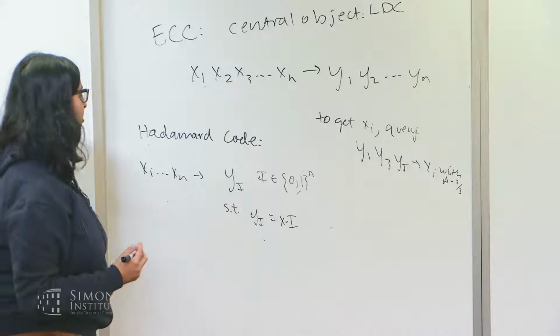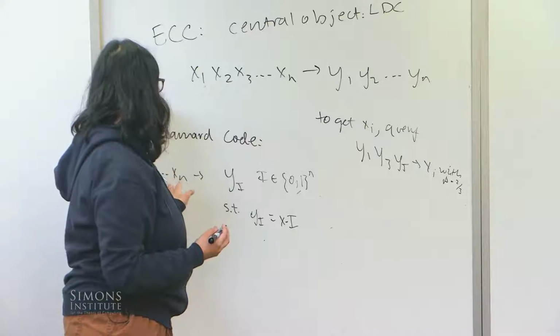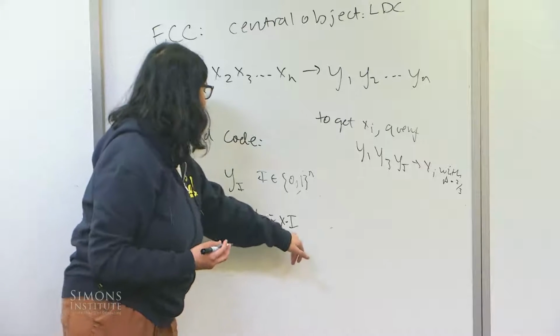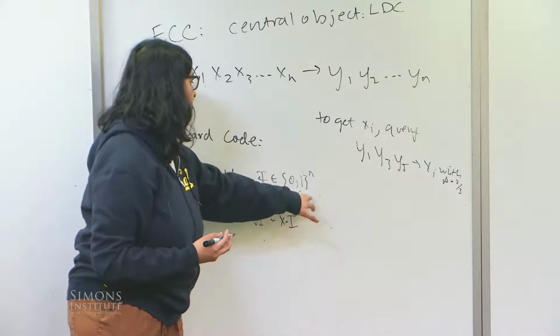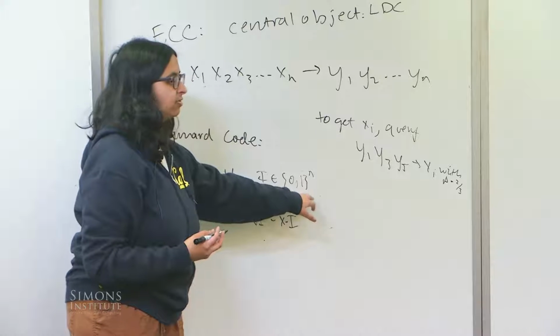The reason this has local decodability properties is that if we want to decode some index, let's say x_2, then we take two indices i that differ only on the second index of this string.